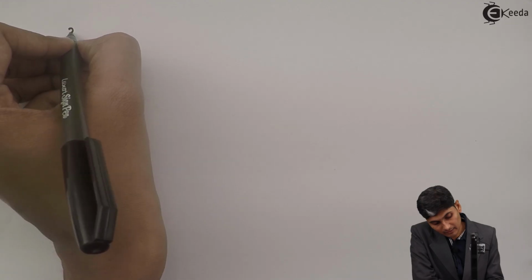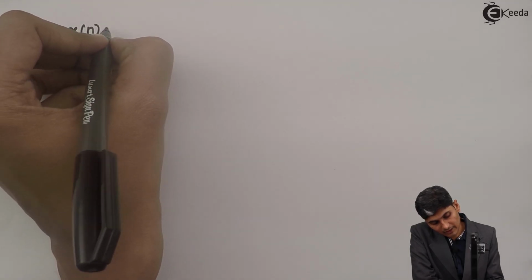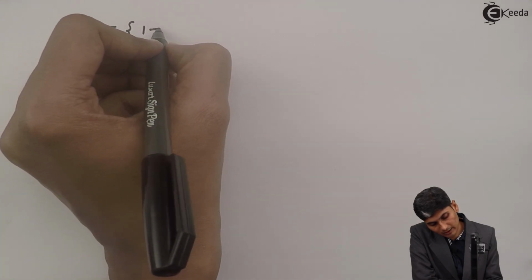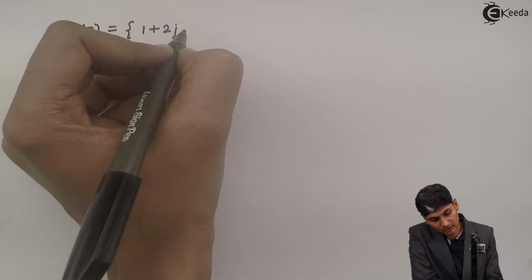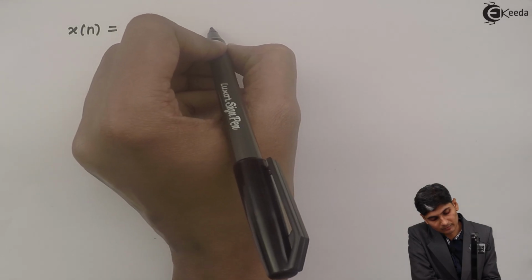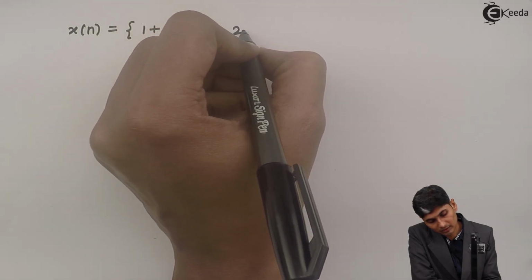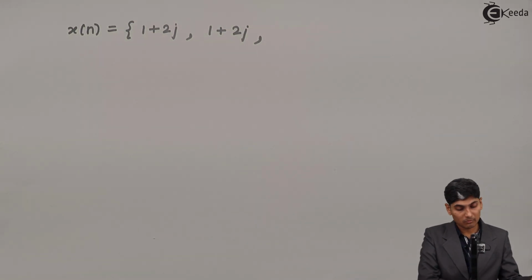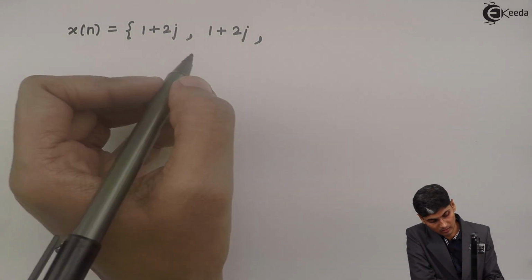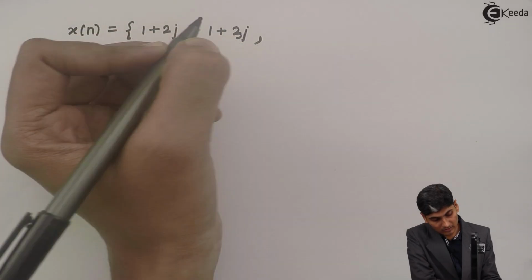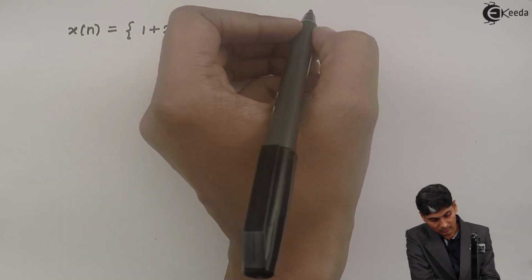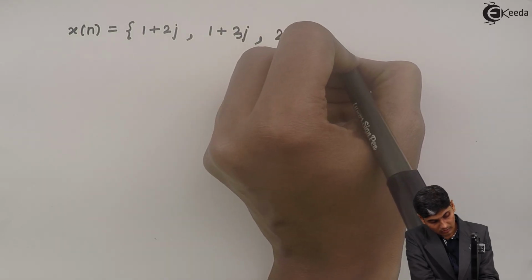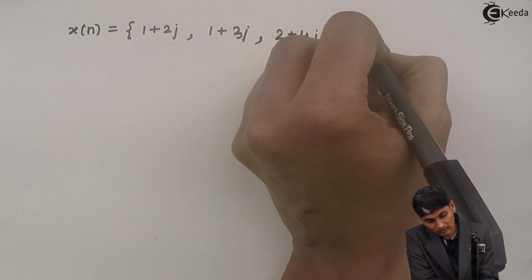Now let us say the given x of n is 1 plus 2j, 1 plus 2j, minus 1 plus 3j, 2 plus 4j, 2 plus 2j.